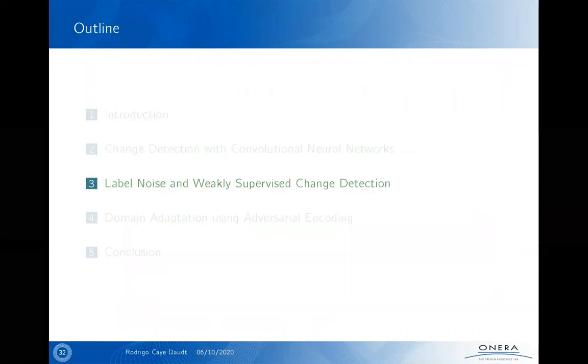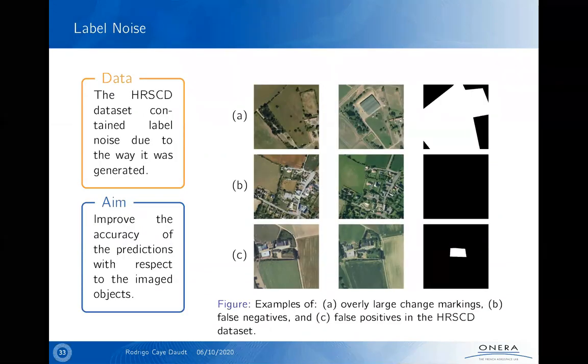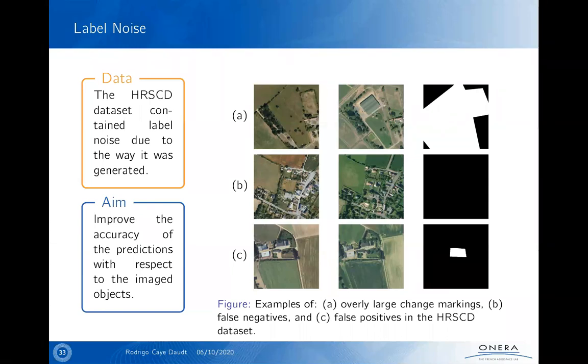Okay, so now to address a few problems that you have probably noticed on the images that I just showed you. The dataset that we created was not only automatically generated, so there are a few false positives and false negatives in the dataset, but also the labels are usually too large because they are at a parcel level. So inside a parcel or a terrain, if there was one change that happened, everything was going to be marked as a change.